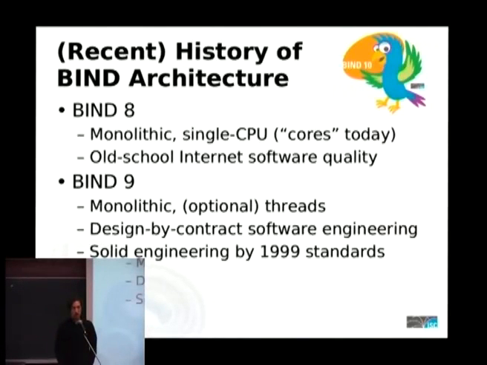And in order to improve the quality of the software, because of all the problems that had happened with Bind 8, they used a lot of the concepts from the design by contract approach. And this is basically where you define preconditions and postconditions for every function, which is kind of documenting exactly how it's supposed to be called and what the conditions are supposed to be when it exits.